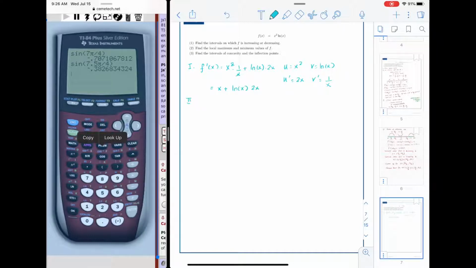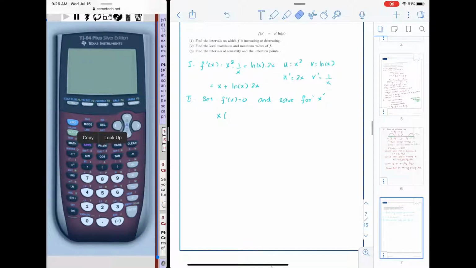So we have to set f prime of x equal to 0 and solve for x. That would give us the critical number. So we have x multiplied by 1 plus 2 ln of x equals 0.